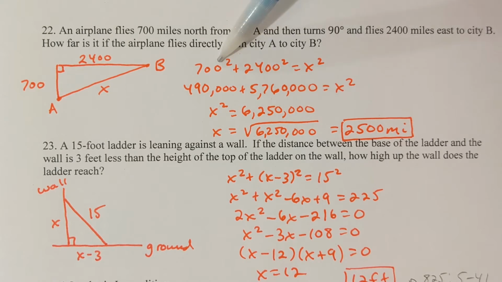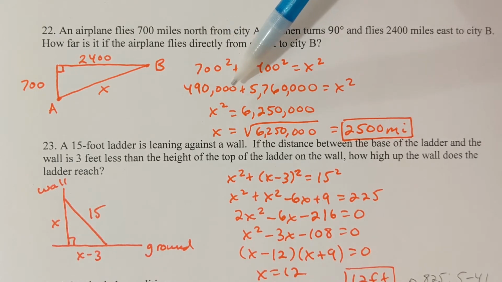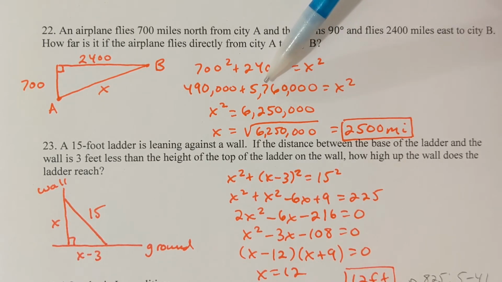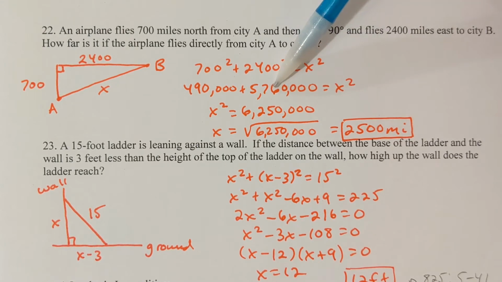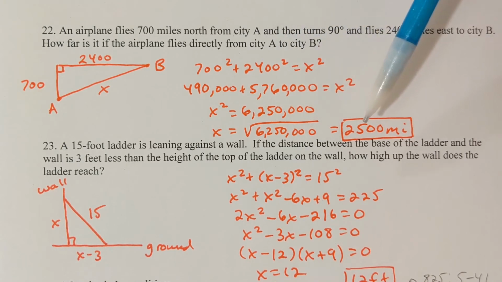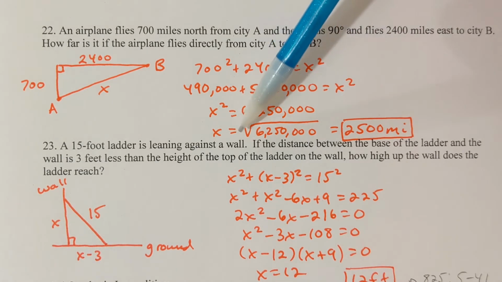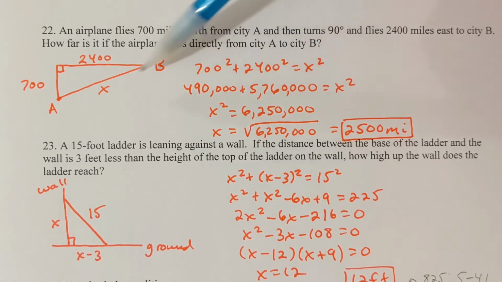For us, that's going to be 700 squared plus 2400 squared equals x squared. 7 squared is 49, so 700 squared would be 490,000. You'd have 49 with 4 zeros after. 2,400 squared should be 5,760,000, if you were to check that. When you add these together, you should be getting 6,250,000, and you'll want to take the square root of both sides. You can disregard the plus minus since you're talking about distance.